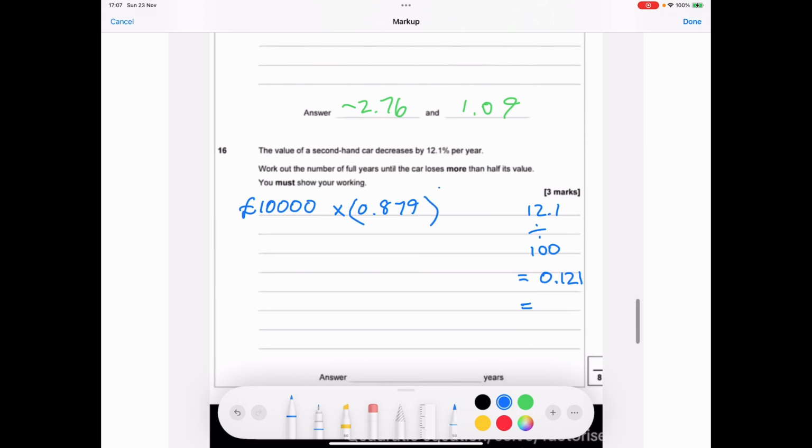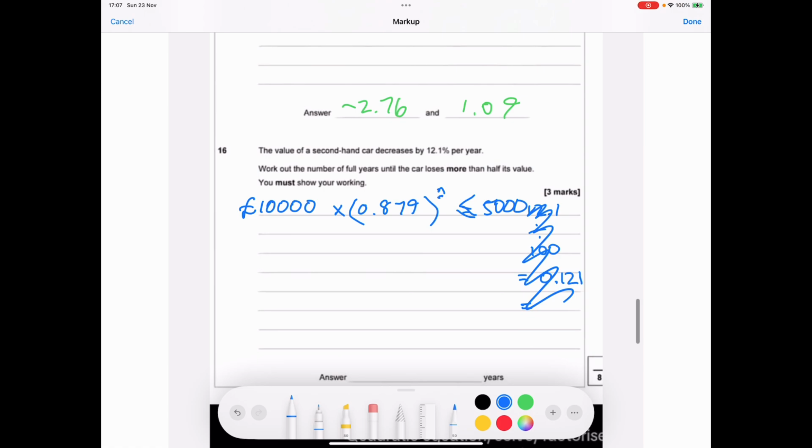We just don't know for how many years. So it's the amount of years that takes it from 10,000 to less than 5,000. So what does n give us there?